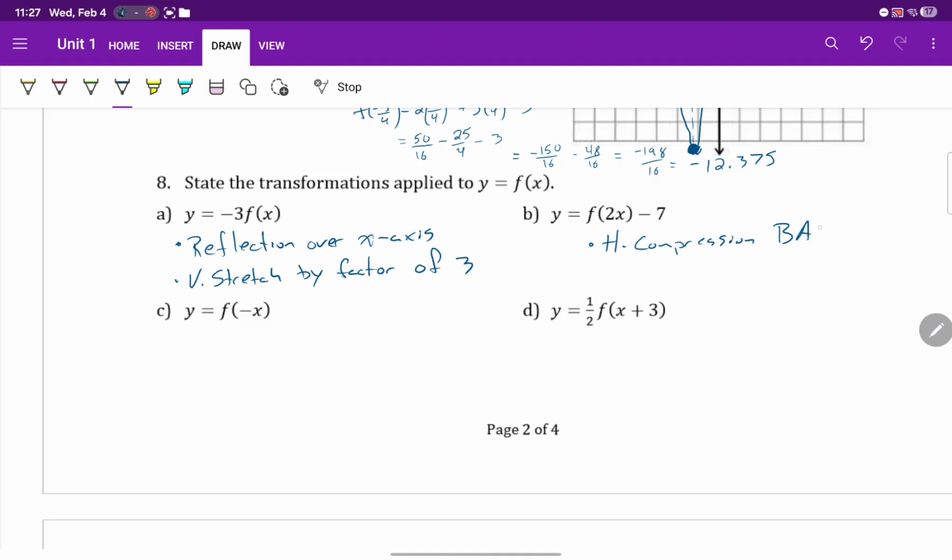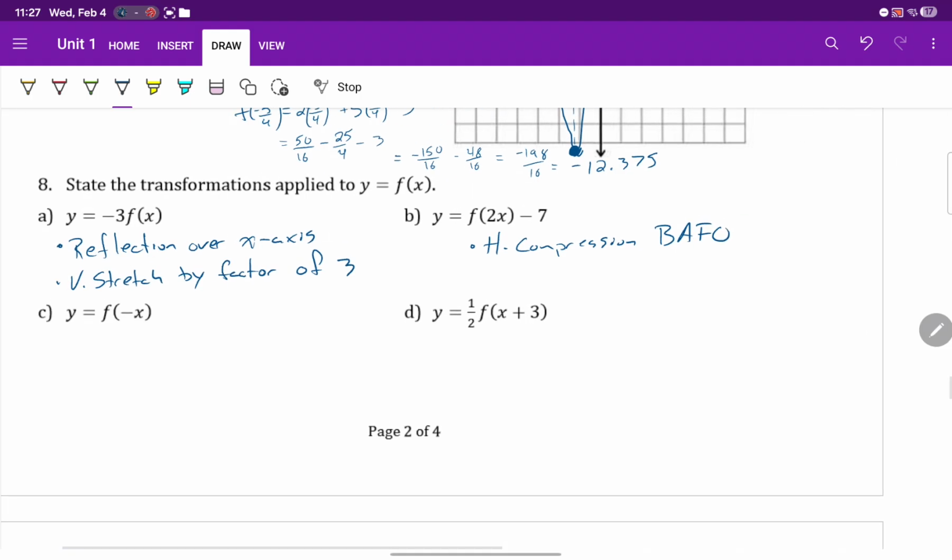Okay. My next one is a horizontal compression by a factor of 1/2, and a vertical shift down 7 units.